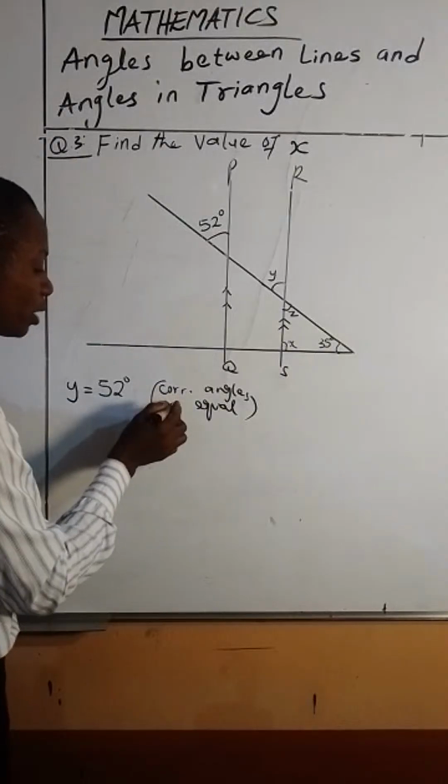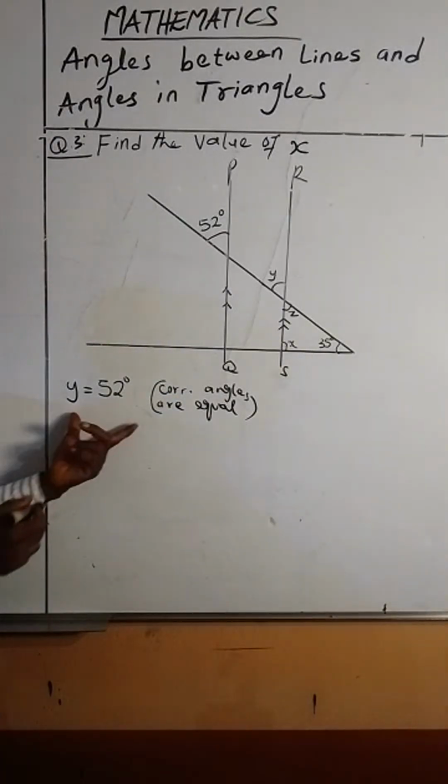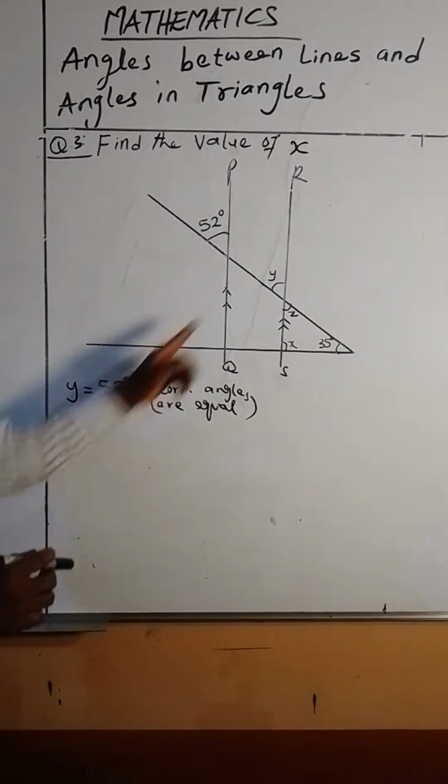Corresponding angles are equal. So that is why Y is 52.